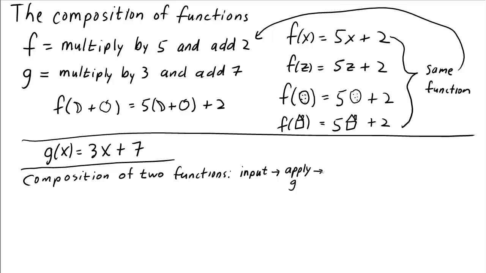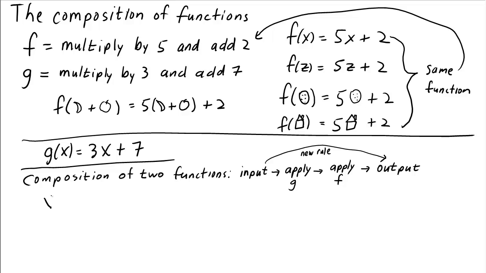And then we take the output of g, the first function, and apply f to it. Apply the second function, and see what that output is. So this gives us a new rule to go from input to output. And that rule is apply g and then apply f.